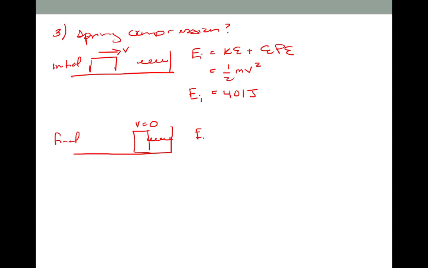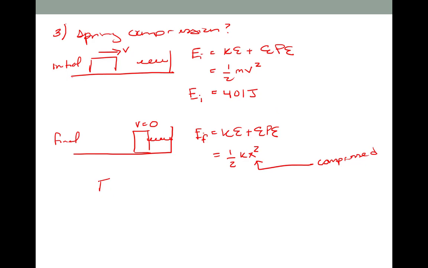So again, our energy could be a combination of KE plus EPE, but the kinetic energy is 0 in this case because it's not moving. So the energy is only 1/2 kx squared, where this x is how much the spring has compressed. Remember, by definition, that x is the change in length of the spring relative to its unstretched or uncompressed length.